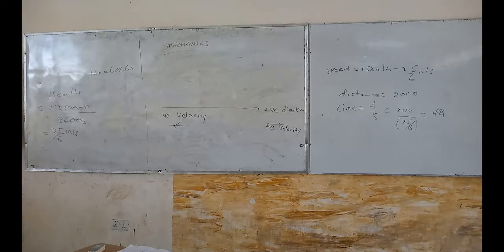So in 1 second, it will cover a distance of 5 meters. In 2 seconds, a distance of 10 meters, because it is 5 meters per second. This is just the basis. Okay, let's proceed.